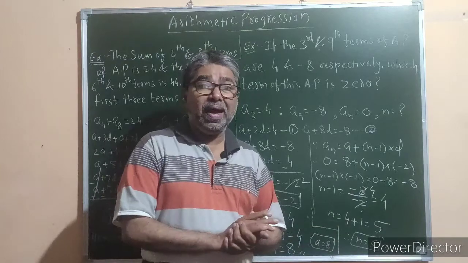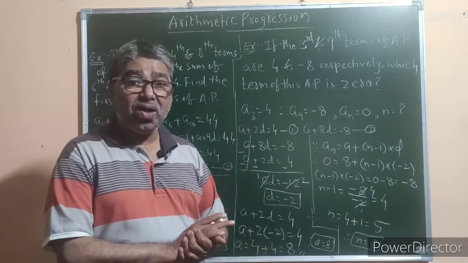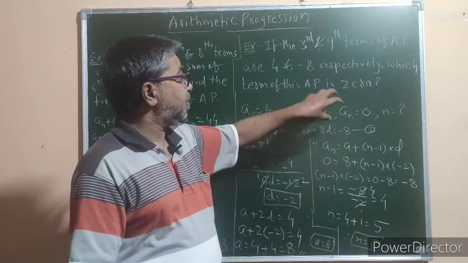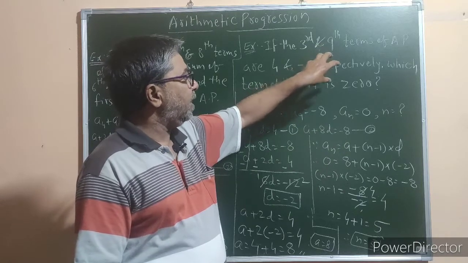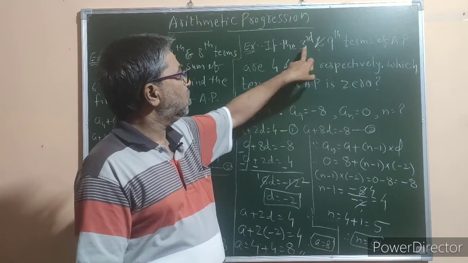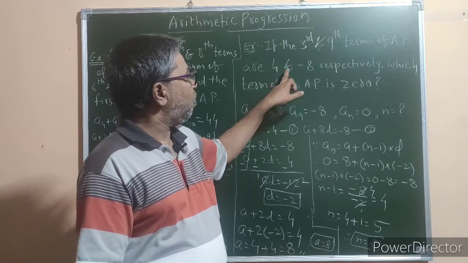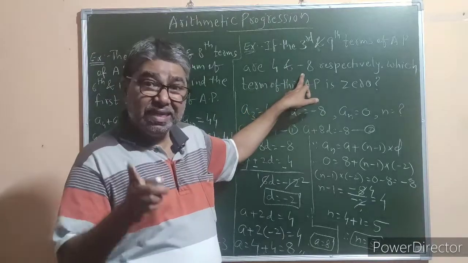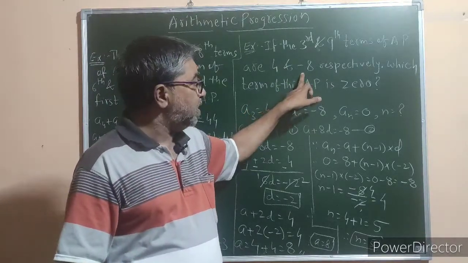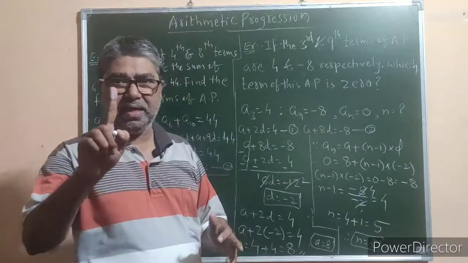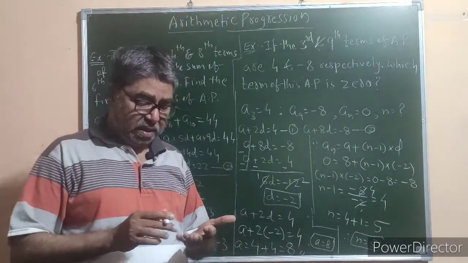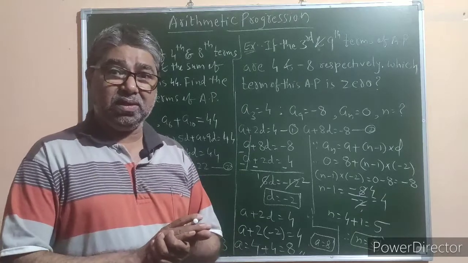So here the value of n is 5, which means the fifth term of this particular arithmetic progression, whose third and ninth terms are 4 and minus 8 respectively, will be 0. So in this way, these are very important examples.